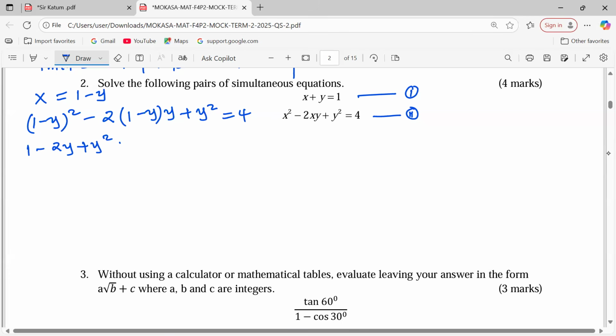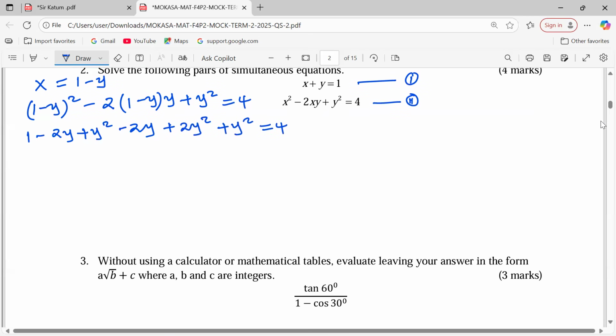Then there is a y which is outside the bracket, and that makes this one now a negative 2y. Then we have a positive 2y, which is supposed to be multiplied by y. That becomes positive 2y squared. You see that? Then plus y squared. This is equal to 4.